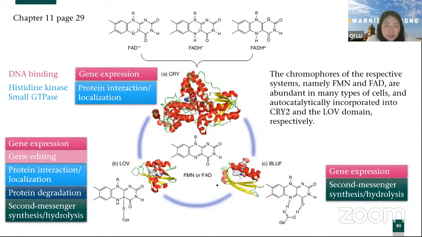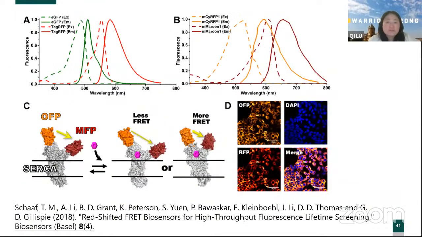We already discussed that the most used is the light oxygen voltage domain. It has been reported for gene expression, gene editing, protein interaction, protein degradation, and second messengers. This is discussed in detail in chapter 11.